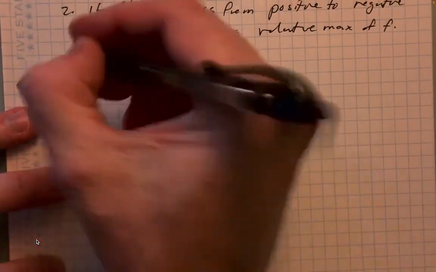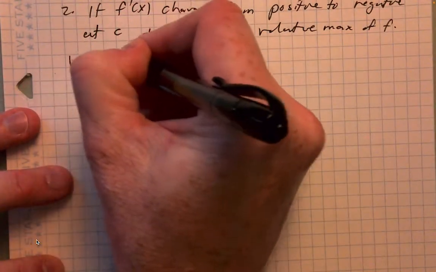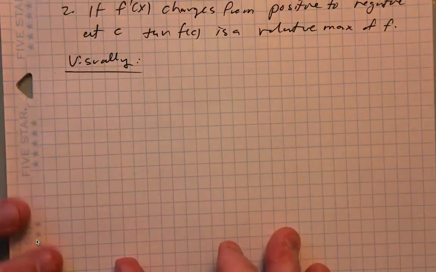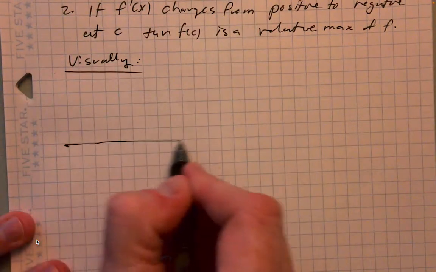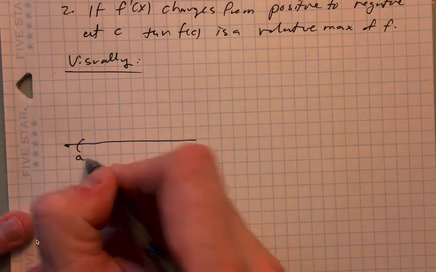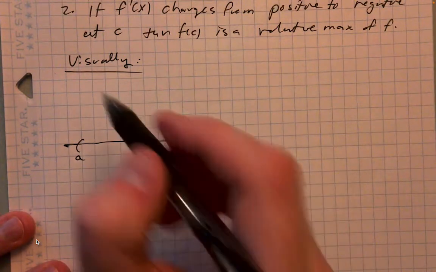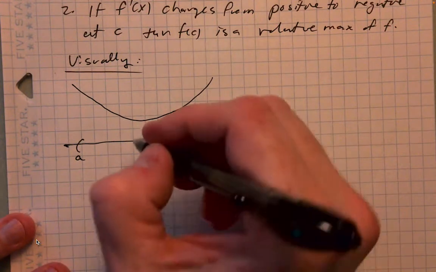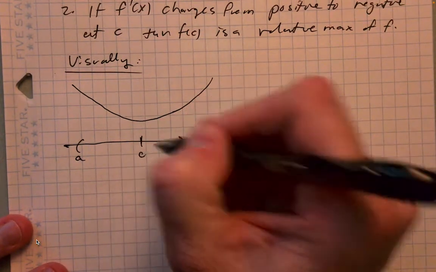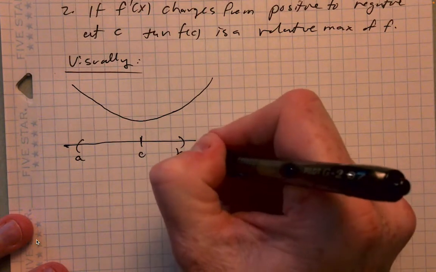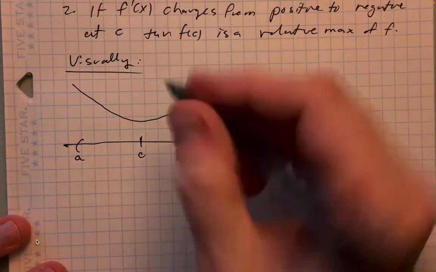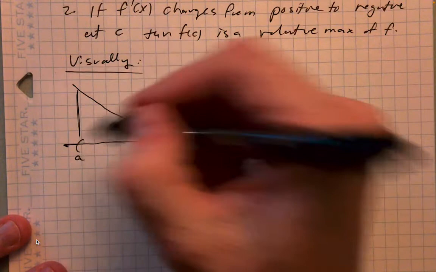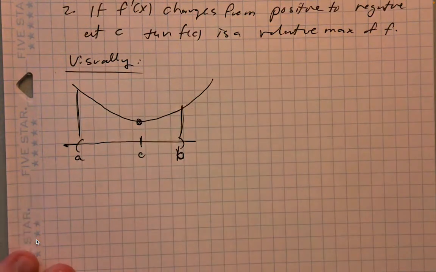So visually, what do we mean here? Let's say we've got here's our a, here's our c, and our function is kind of doing something like this. Oh, this should be a b. I'm going to try b there. Okay, so c is here in the middle. Now what's going on here?